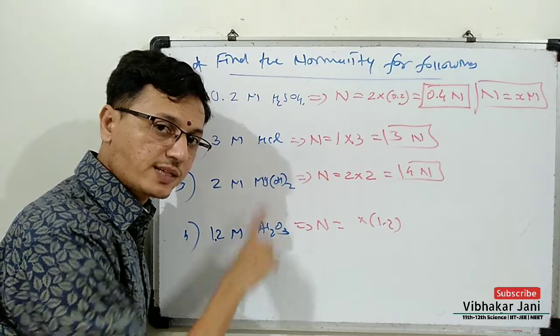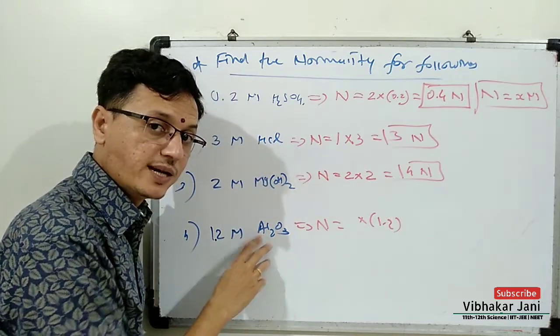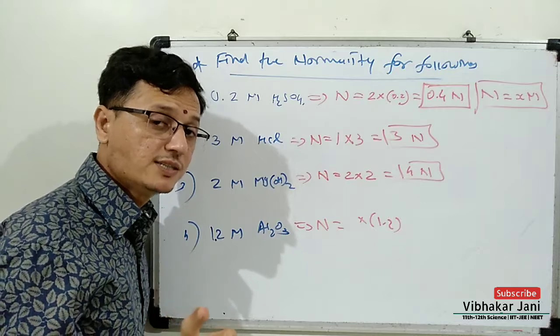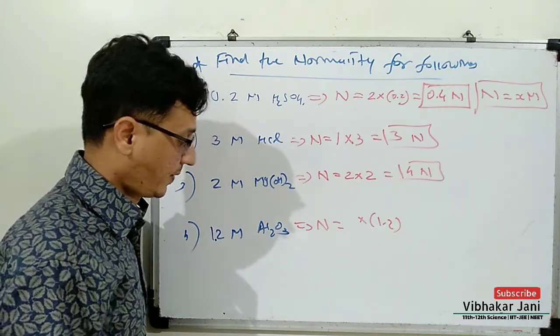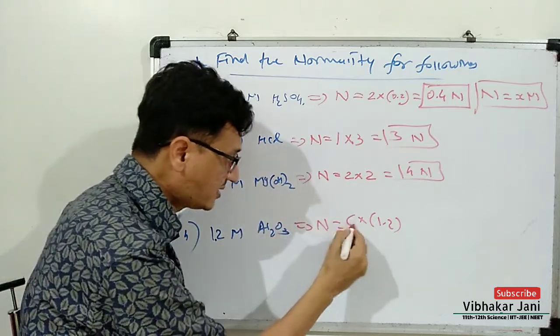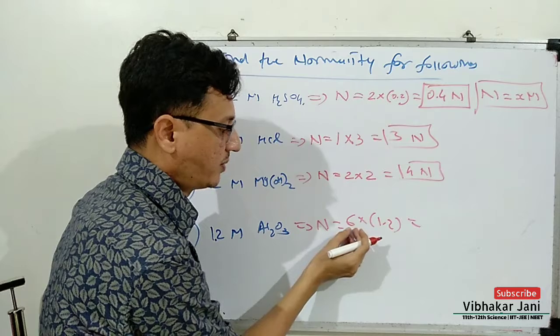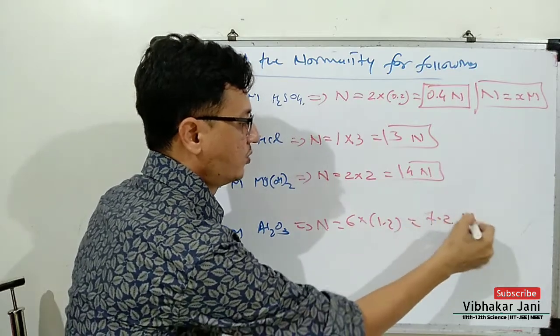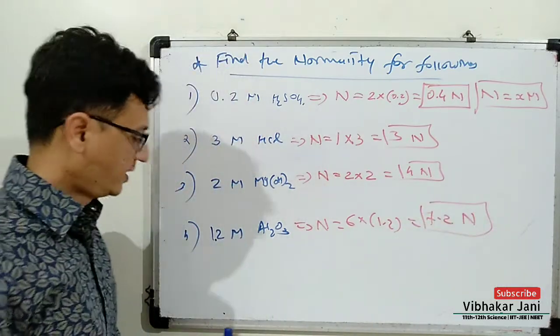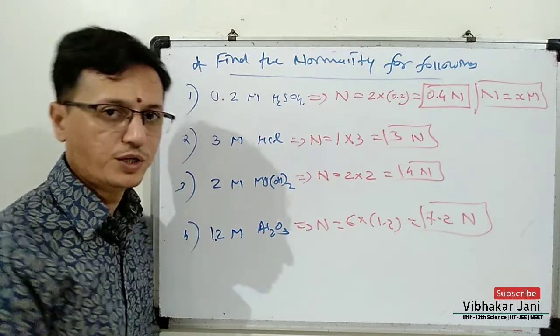Each aluminium has plus 3 charge, but here we have two such Al plus 3. That means the total positive charge is plus 6. So the value of X for Al2O3 is 6. So it will be 1.2 multiplied by 6, that is 7.2 normal. This is the normality of our Al2O3 solution having molarity of 1.2.